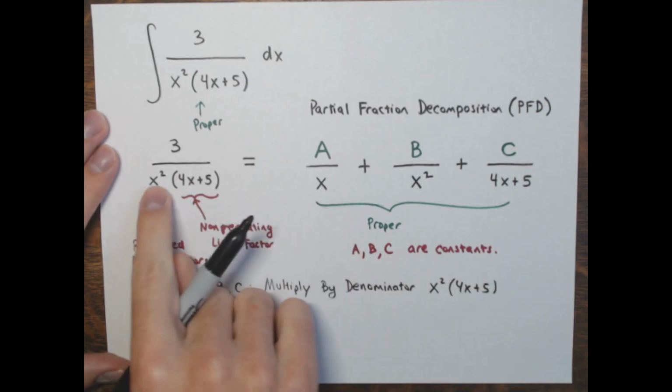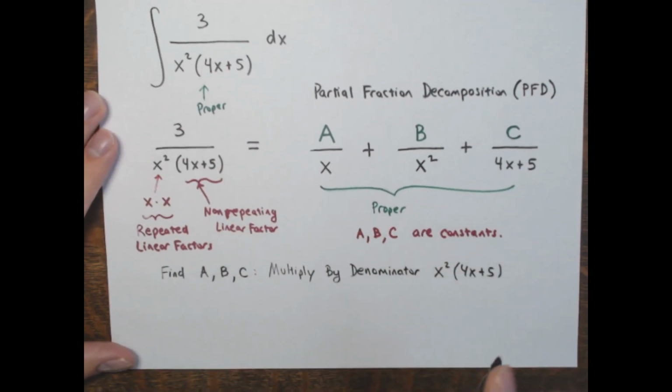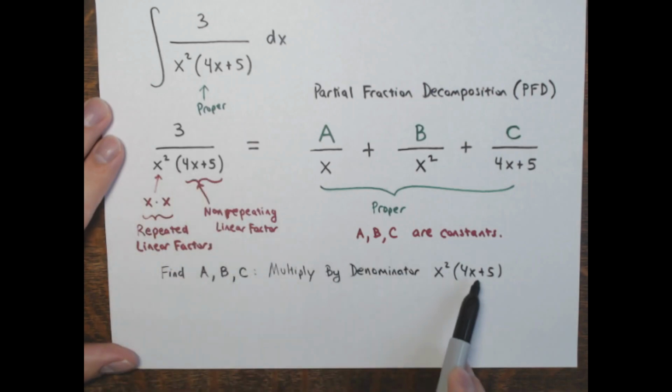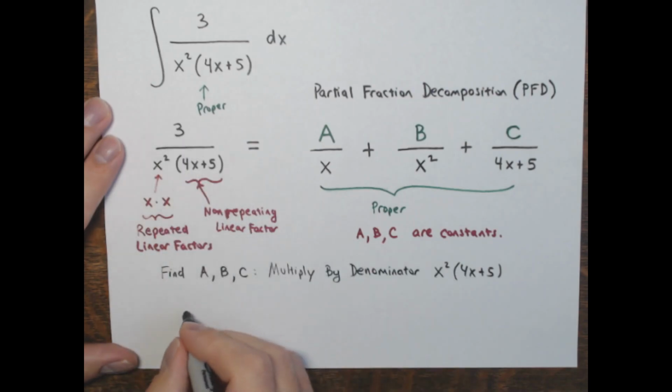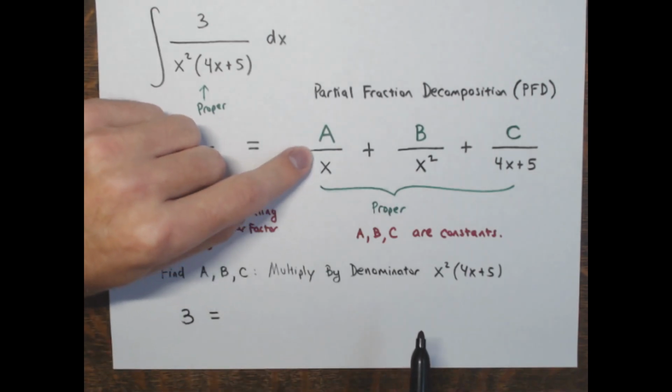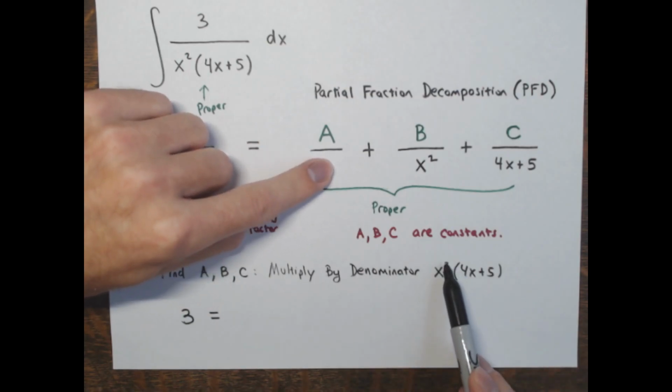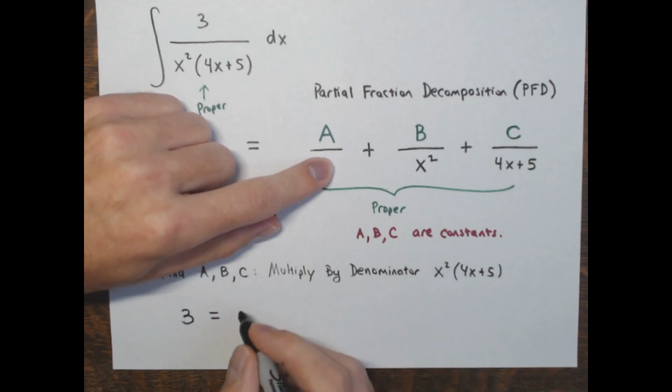Now, if you do that, the whole point of that is to get rid of all the denominators, right? If I multiply this first fraction by this, everything will cancel in the denominator. You'll be left with just 3 on the left side. And then this first fraction, the a over x, when I multiply it by this, one of the x's will cancel, and then I'll have a times x times 4x plus 5.